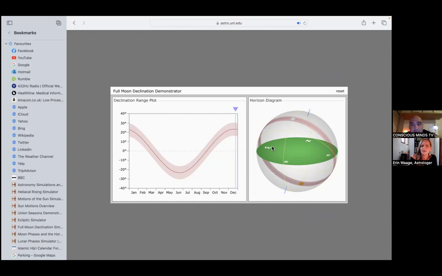So when the sun's in Capricorn, the full moon will be in Cancer, yeah. So you can see that the moon is high in the sky at the Tropic of Cancer.